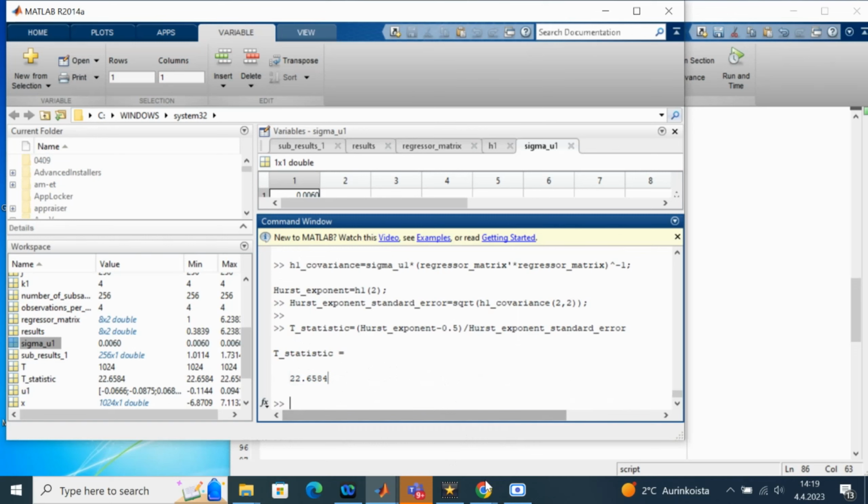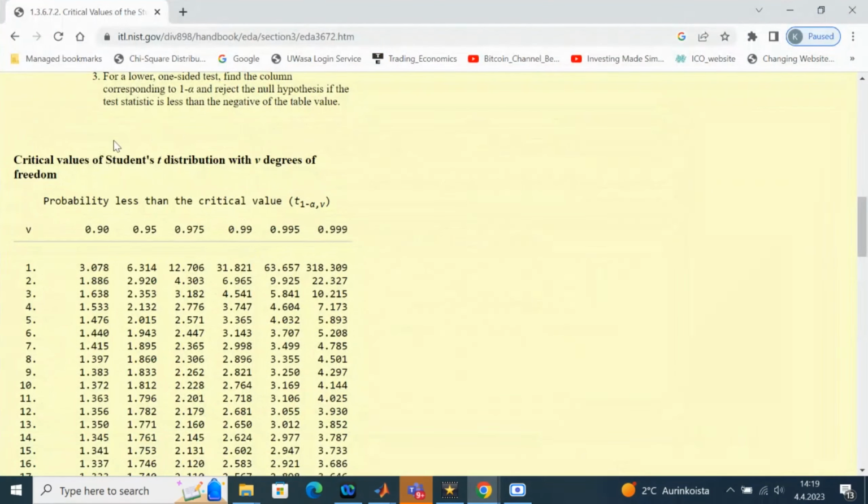Now you might remember we cannot use the standard normal distribution here as a reference distribution. We have to use the t-distribution. Here we see the critical values of the student's t-distribution with corresponding degrees of freedom. Since we have a one-sided test, we have 8 observations, but the degrees of freedom is 6 because we have in our regression equation one intercept term and the point estimator for the Hurst exponent.